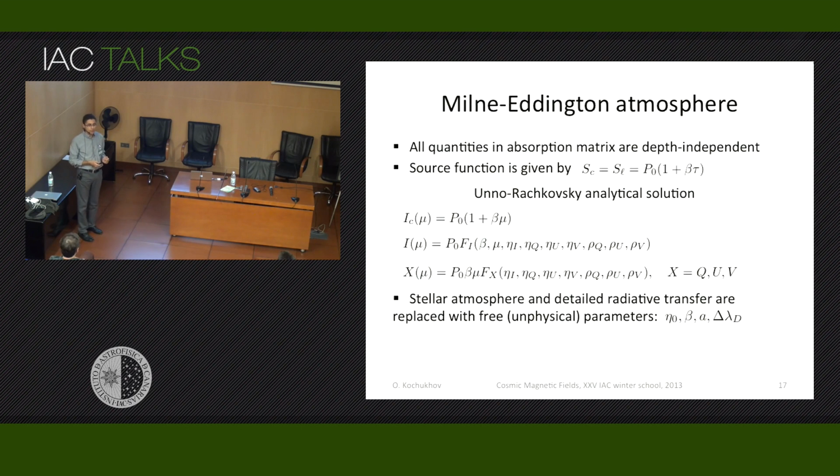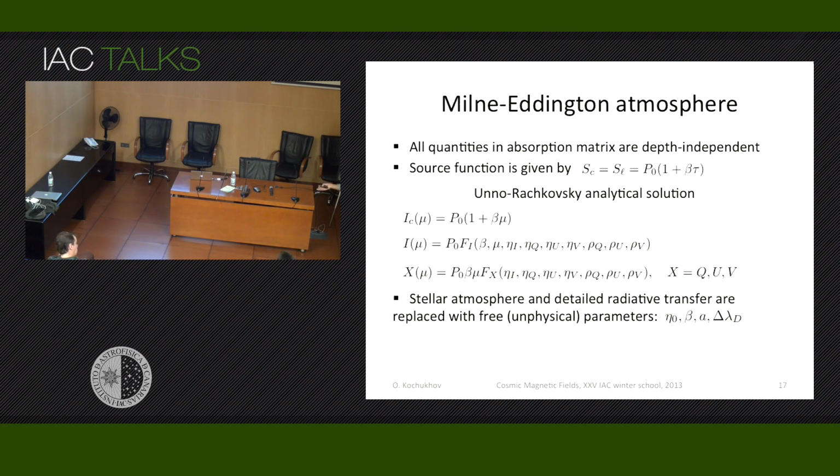I will show these ways because some of them are actually used to define magnetic observables for stars. One of the very popular scenarios is to assume that the source function is given by a linear relation, which is appropriate for a so-called Milne-Eddington atmosphere. Furthermore, in this atmosphere, we assume that all quantities entering this large matrix are depth independent.